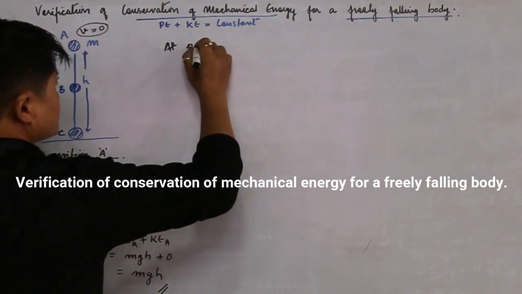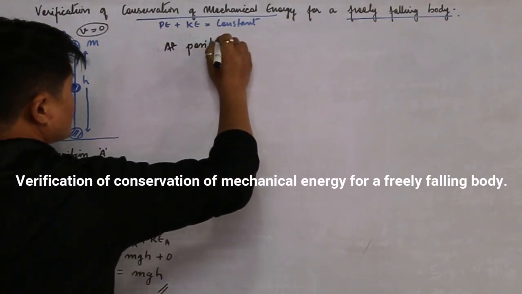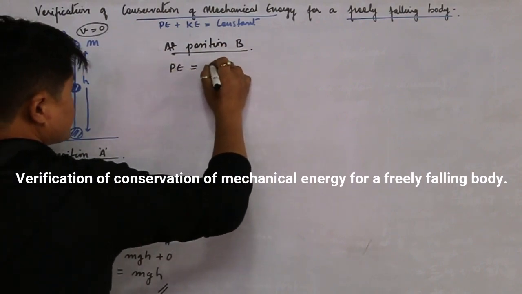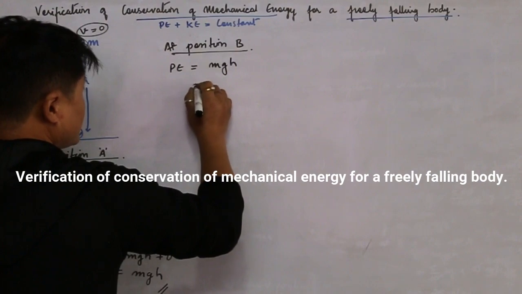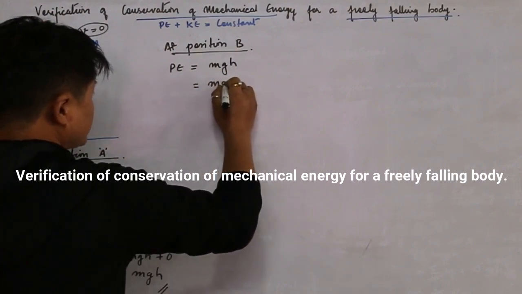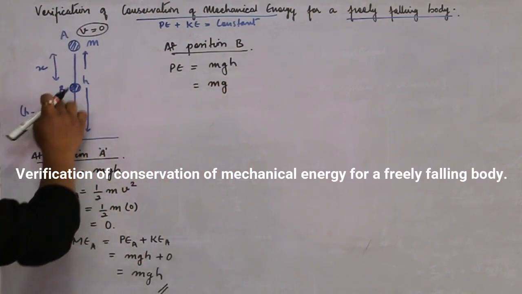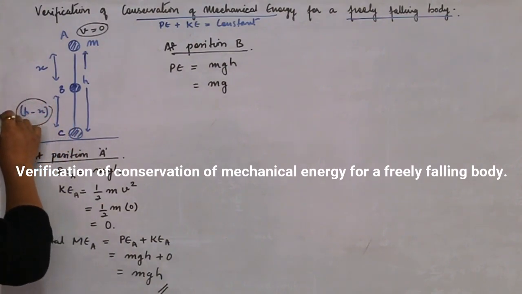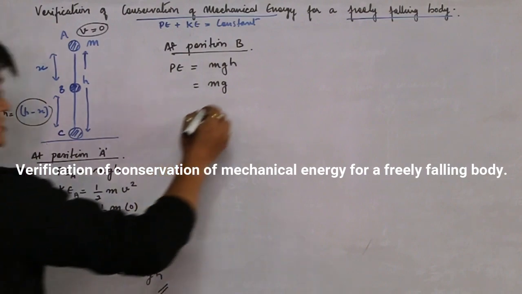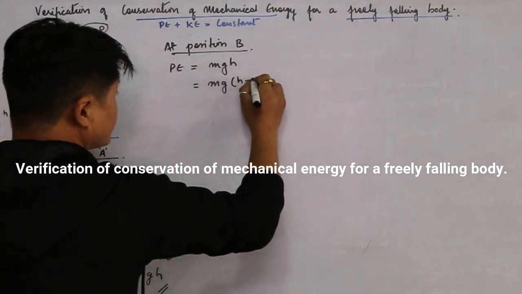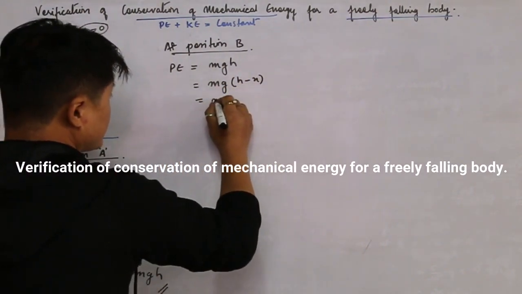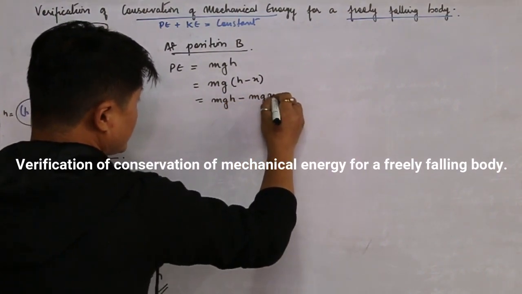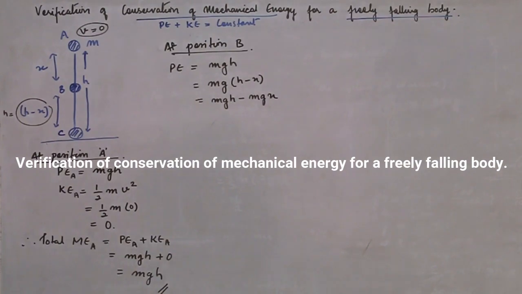At position B, potential energy is equal to mgh, where the height at B is h minus x. This is equal to mg(h minus x), which is mgh minus mgx by opening the bracket.